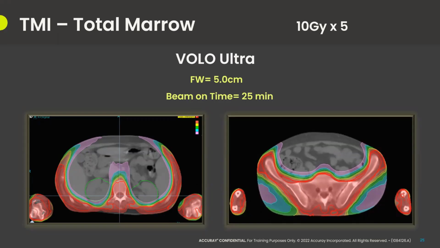Keep in mind, this Ultra plan also used the 5 cm field width, but with the new optimizer and the NTO option, I was really pleasantly surprised just how well it did. Not only is it a higher quality plan, but it also produced a treatment time savings of 9 minutes. And of course, the planning time was also reduced.